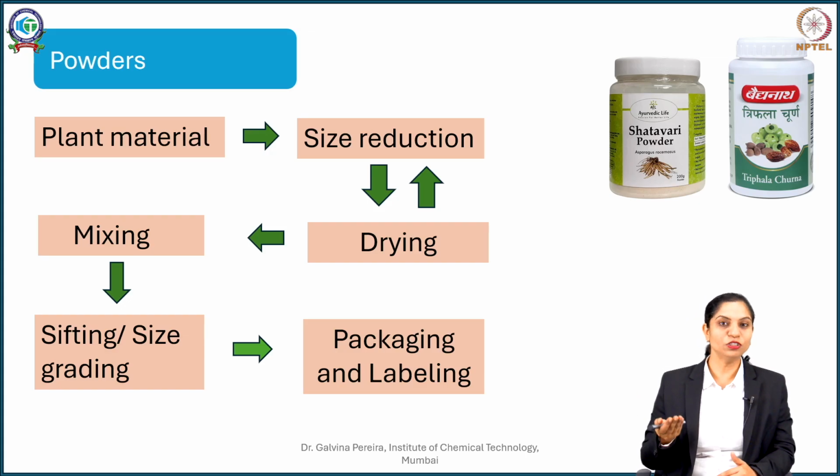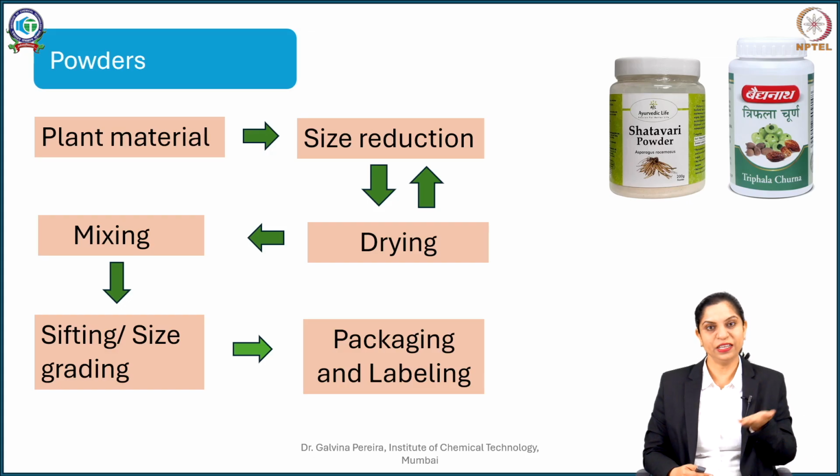Now, when you come to size reduction, depending upon the nature of the plant or animal or mineral sources, you require a drying step. Now, these steps may be intermittent, for example, a plant may be extensively fleshy, like your cucumber. So, in that case, it involves slicing, size reduction, drying.